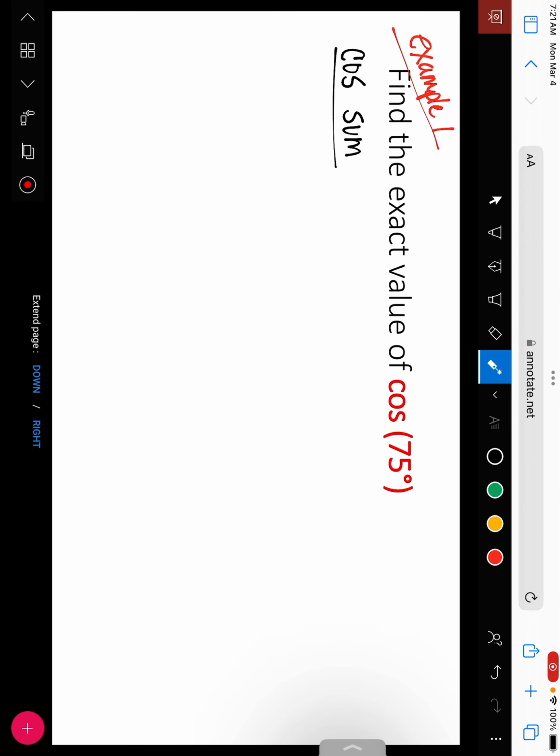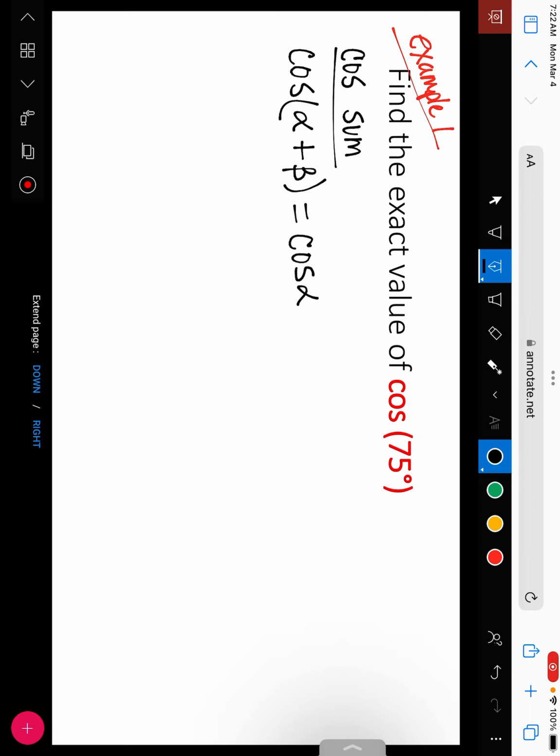When you look at your pink sheet, cosine sum says the cosine of alpha plus beta equals the cosine of alpha times the cosine of beta minus, what does it say next on the identity sheet?